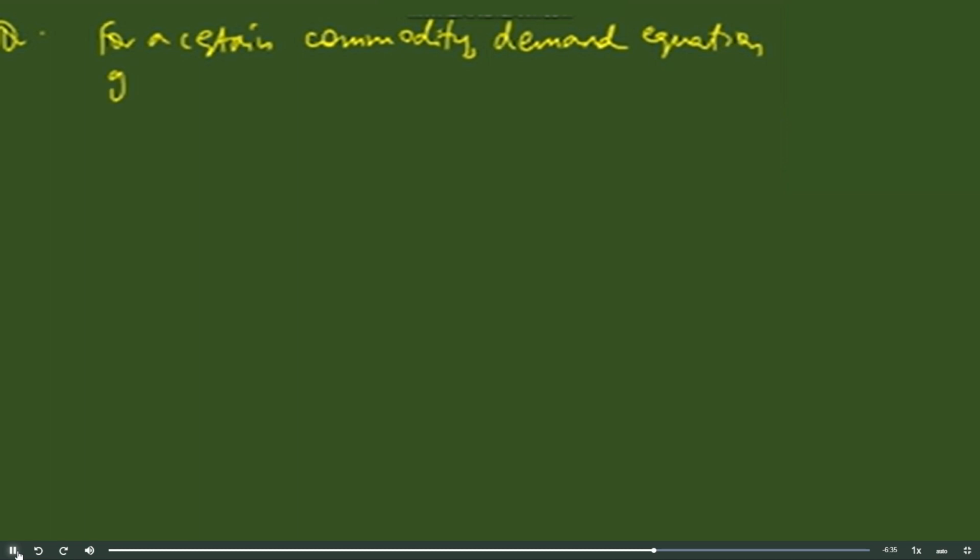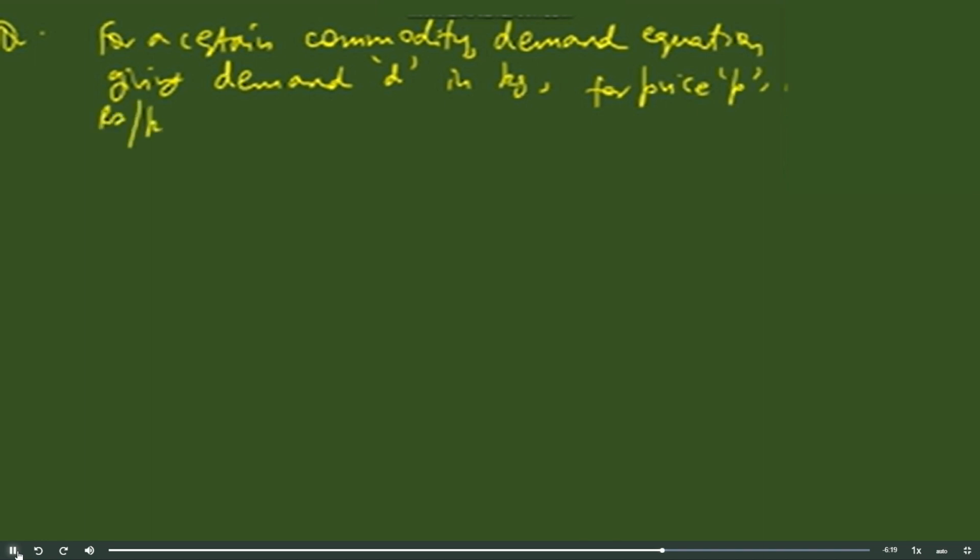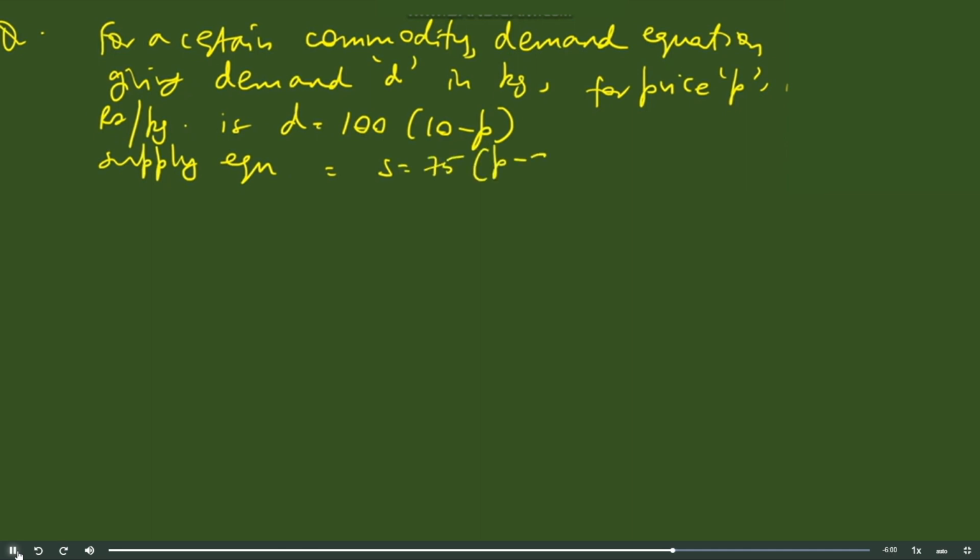One more question, last question in this section. For a certain commodity, the demand equation giving demand D in kg for a price P in rupees per kg is D is equal to 100 into 10 minus P. Similarly, the supply equation giving supply S in kg for a price P in rupees per kg is S is equal to 75 into P minus 3.